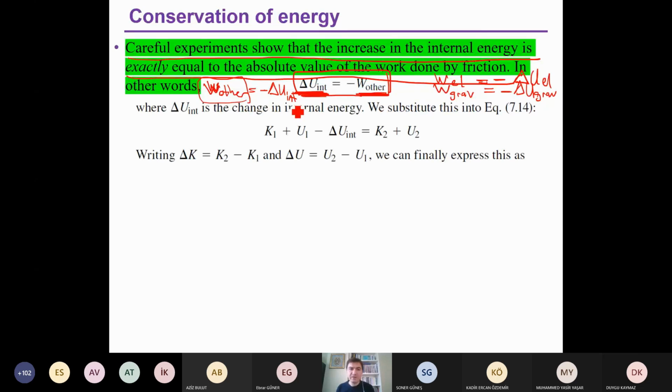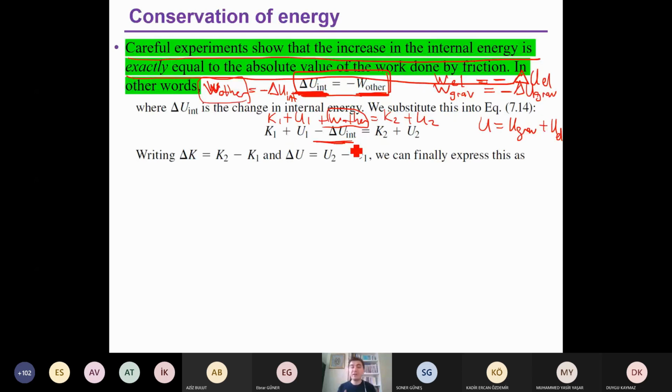Now within this expression, remember W other equals U2 minus U1. Within U2 and U1, we have both gravitational potential energy plus elastic potential energy. Don't forget this one. So instead of W other, you can use this expression, minus delta U internal, the change in the internal energy of the system.